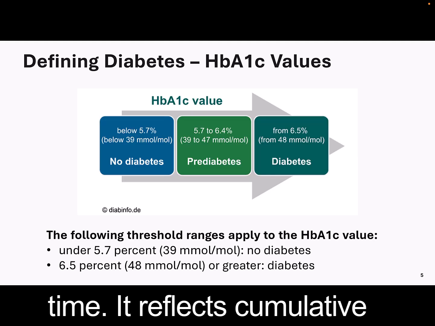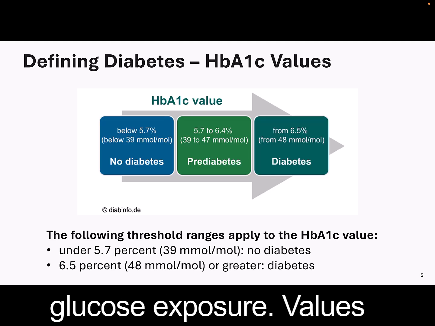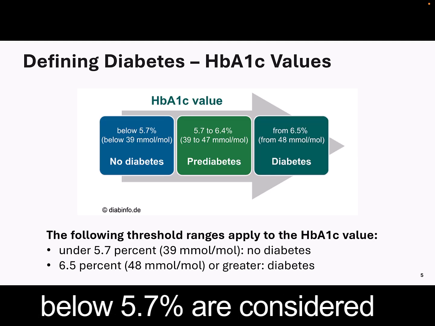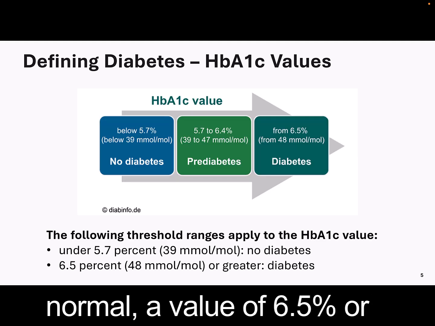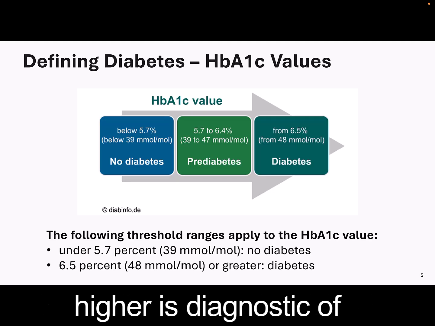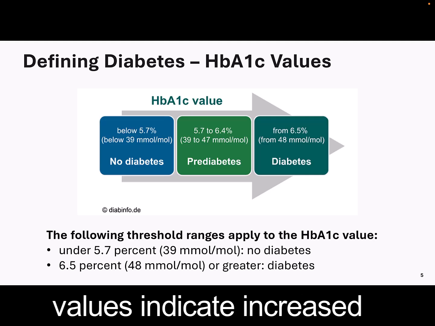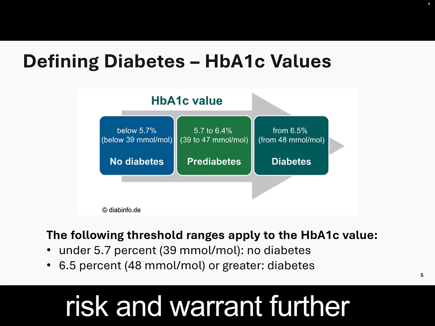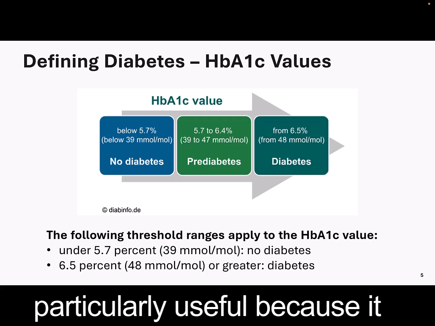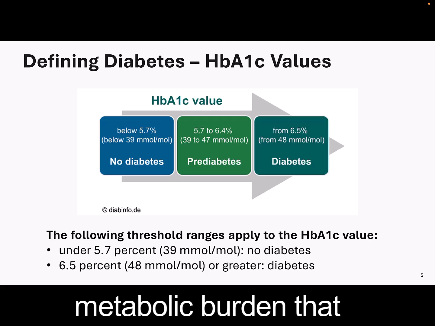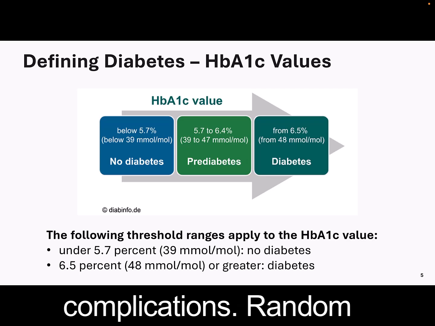It reflects cumulative glucose exposure. Values below 5.7% are considered normal. A value of 6.5% or higher is diagnostic of diabetes. Intermediate values indicate increased risk and warrant further evaluation. HbA1c is particularly useful because it captures the chronic metabolic burden that ultimately drives complications.